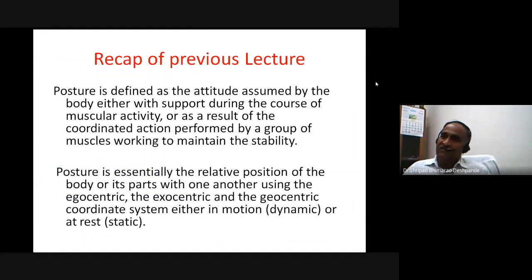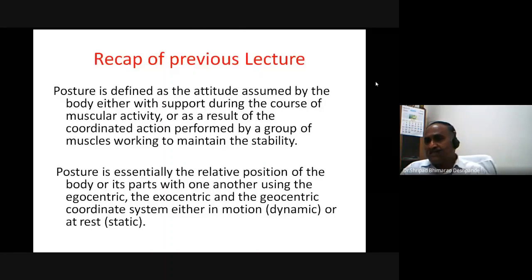Before that, I want to recap the previous lecture. I defined posture as the attitude assumed by the body, either with support during the course of muscular activity or as a result of the coordinated action performed by the group of muscles working to maintain stability. Too long a statement to remember.